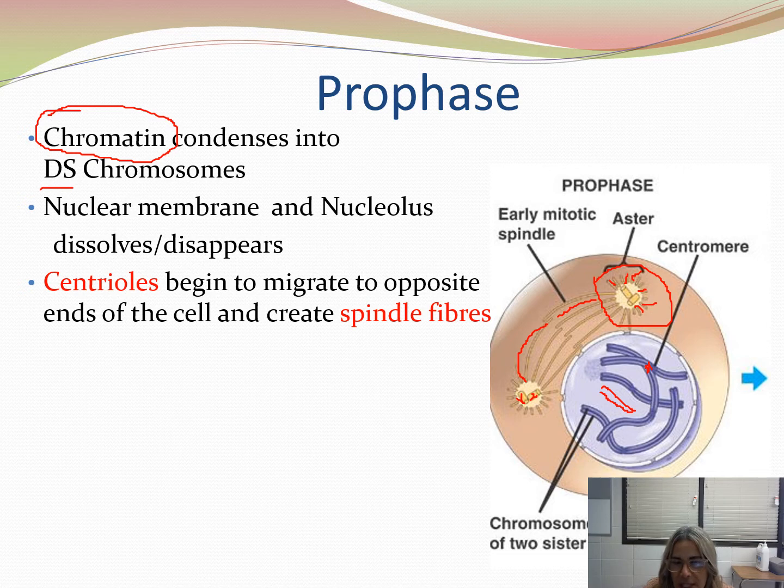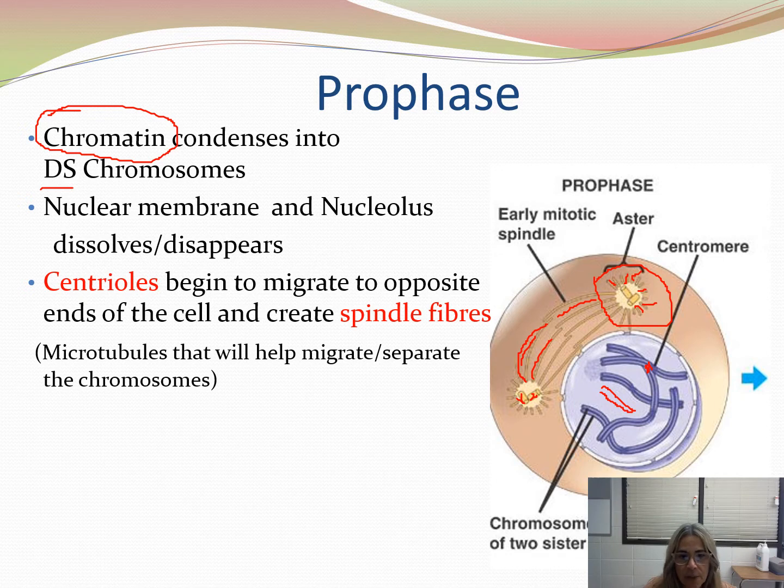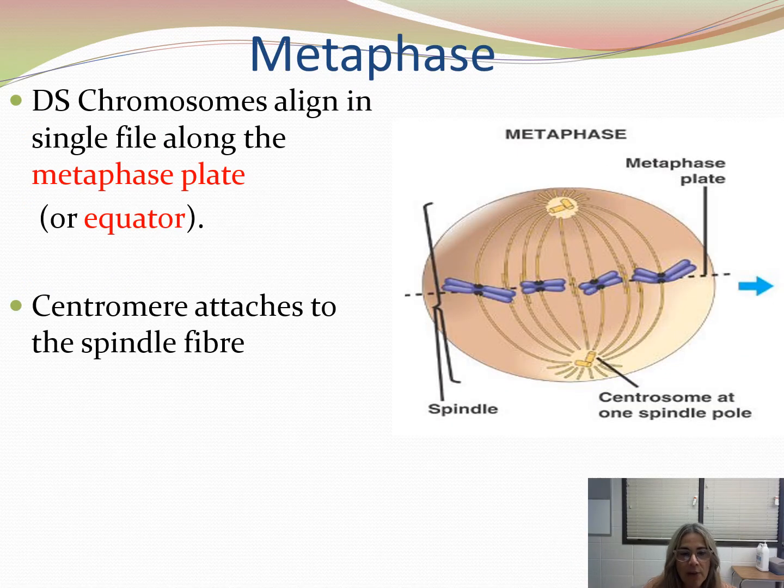But you can see the spindle fibers form from the asters. So the centrioles begin to migrate to the opposite poles of the cell in preparation for division. And by definition, those little centrioles are little microtubules that help migrate and separate the chromosomes.